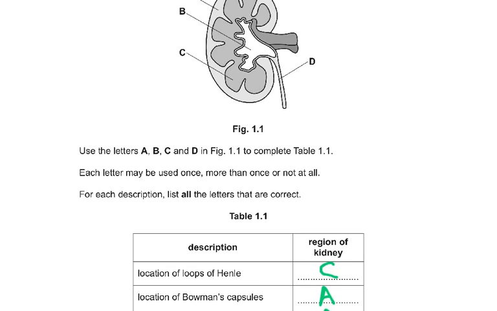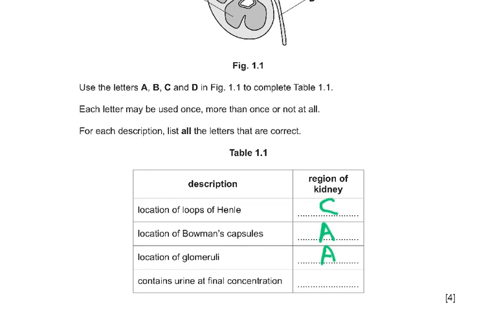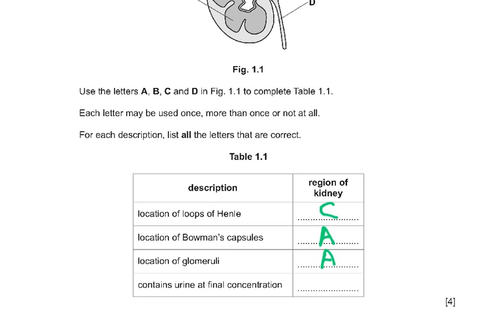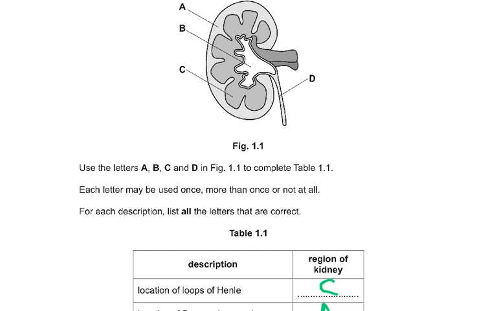So location of the Bowman's capsule and the glomerulus both in A, then contains urine at the final concentration. Now you look at the marks, there are 4 marks. So here you would have to say B plus D. Why B plus D? D is the ureter.